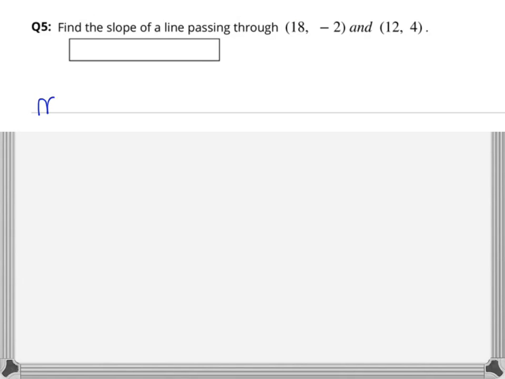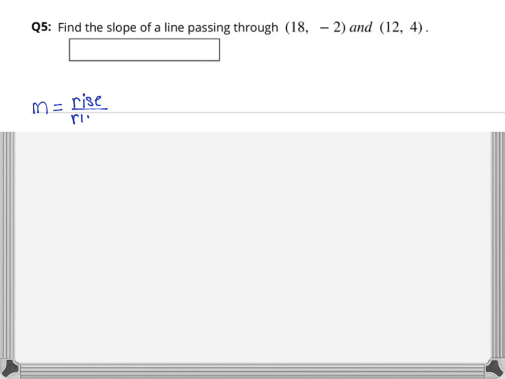So we're going to write M, because that stands for slope. Equals. And we know that M, or the slope, is going to be the rise over the run. That's not the formula.